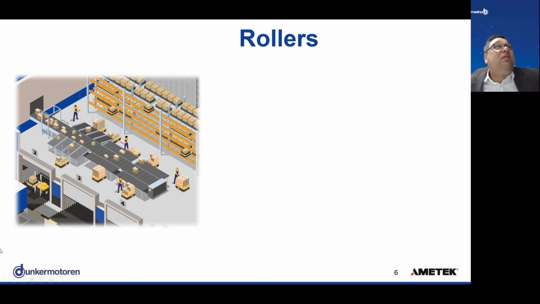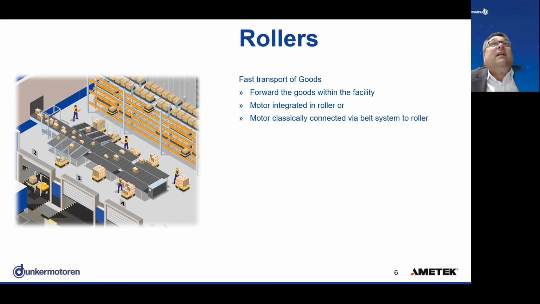So this is just the forward transport you see here in the picture, to move the parcels and the packages quite quickly through the whole machinery or through the whole storing area. So this is more integrated motors, more simple functionality.